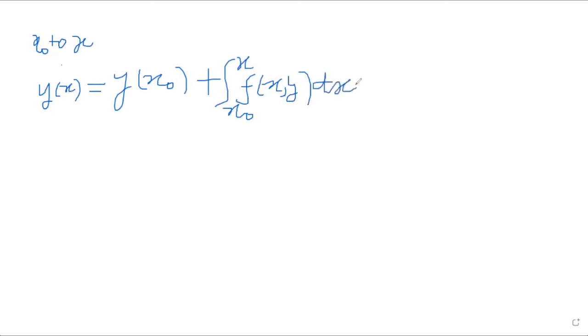This thing is clear. So to get rid of the derivative, the best way, just integrate that, and we have done that.